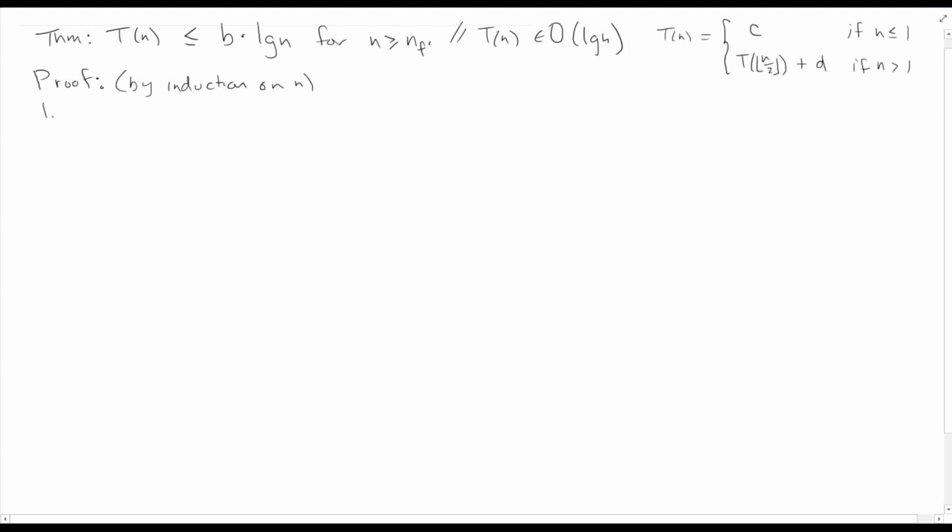So again, we should start out with a base case. Again, we have a choice. Remember, we have a couple different choices here. When we stated that n is less than or equal to 1 for our base case, that gives us infinite choices, actually. Any negative value counts here as well. But that doesn't usually make sense.